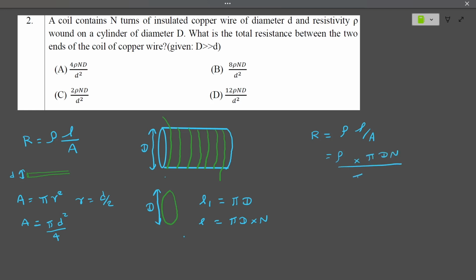Cross-sectional area equals πd squared divided by 4. Then we have 4ρND divided by d squared. Okay, this is the resistance of the wire. So the correct answer is A.